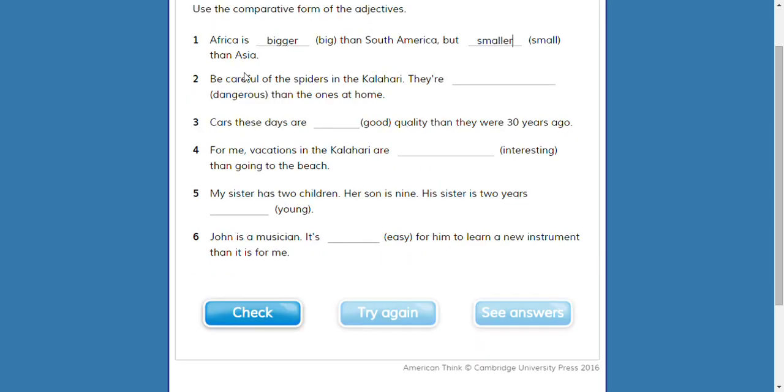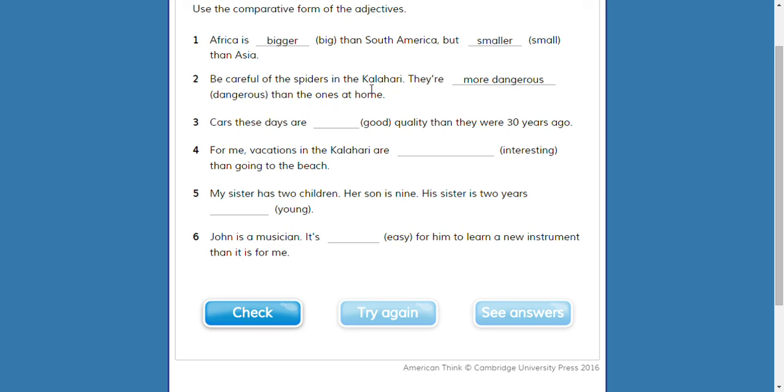No problem. Be careful of spiders in the Kalahari. They are, between brackets, I say dangerous. More dangerous, okay? Perfect. More dangerous than the ones at home.